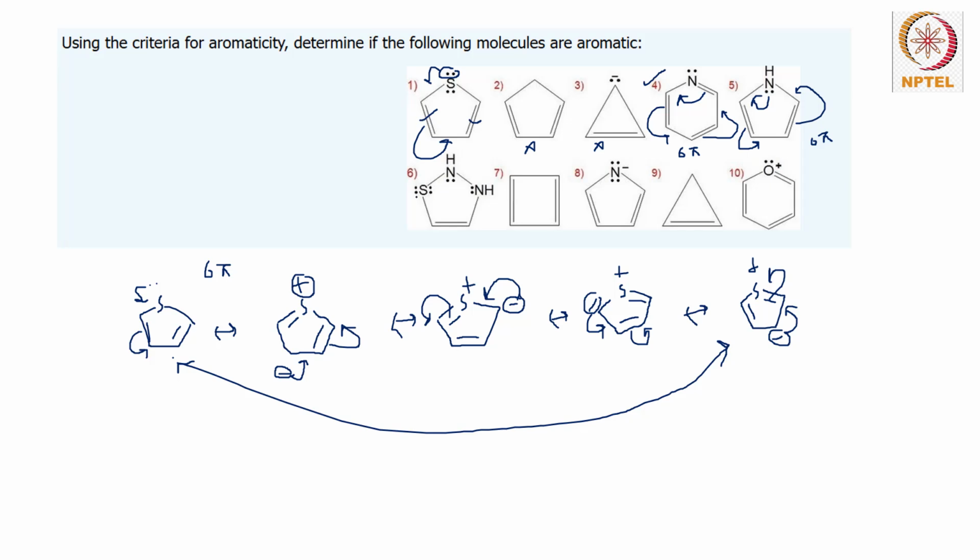Both the nitrogens have a lone pair, but it can't be shared. This nitrogen has no vacant orbital, so this lone pair can't be shared to this nitrogen.